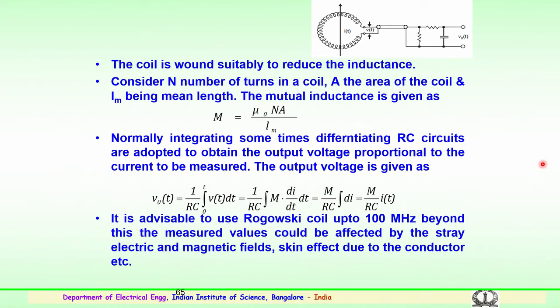The output voltage is given as V naught of t equal to 1 by RC, where R and C are used for the measurement, times the integral of V dt, which is equivalent to M by RC into the current flowing. It is advisable to use the Rogowski coil up to 100 megahertz. Beyond this, the measured values could be affected by the stray electric and magnetic fields or the skin effect due to the conductor.